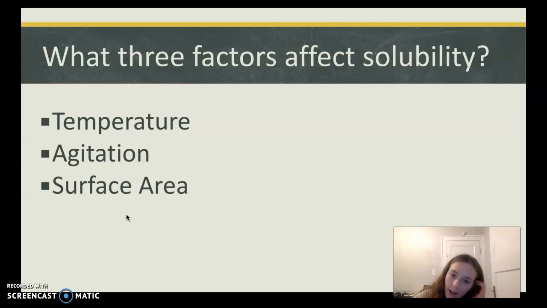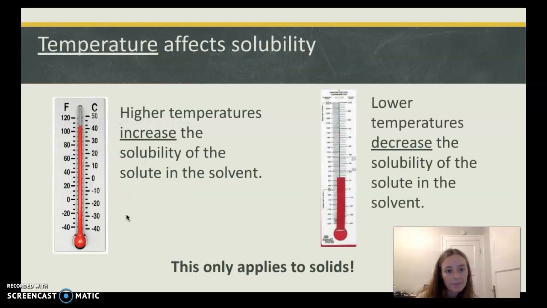So we're going to talk now about what factors affect solubility and the rate of solubility. The 3 things that affect solubility are temperature, agitation, and surface area. Temperature affects solubility because higher temperatures increase the solubility of the solute in the solvent.